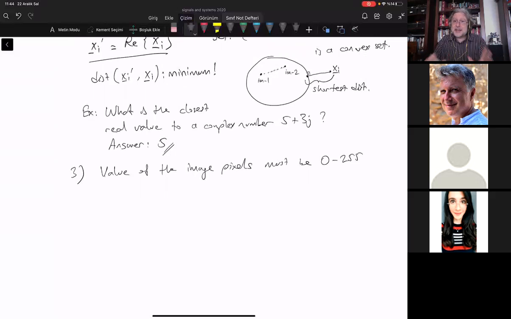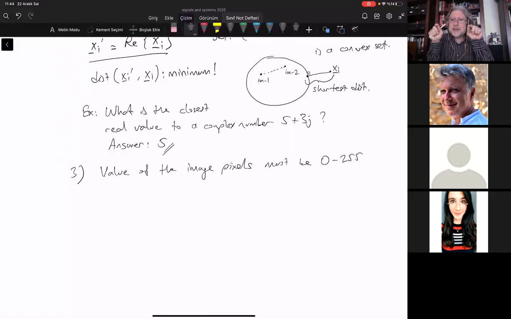First of all, is this a convex set? If the pixel is between 0 and 255, let's say that the pixel value is 10, and the other pixel value that we will draw the line between, or blend these two pixel values, one of them is 10, the other one is 100. So everything between 10 and 100, will they be between 0 and 255?